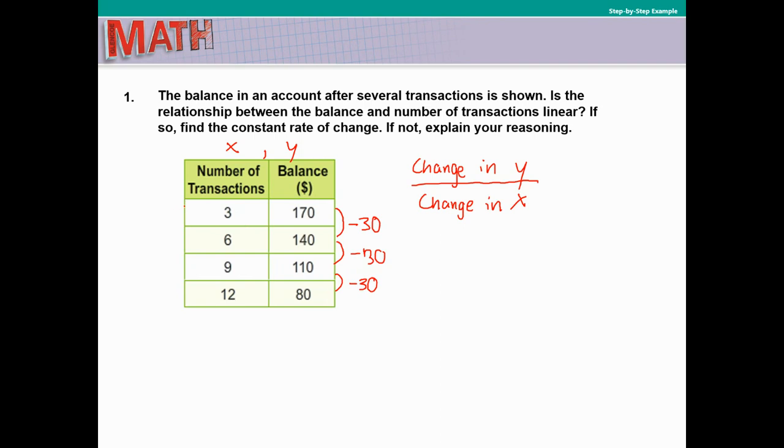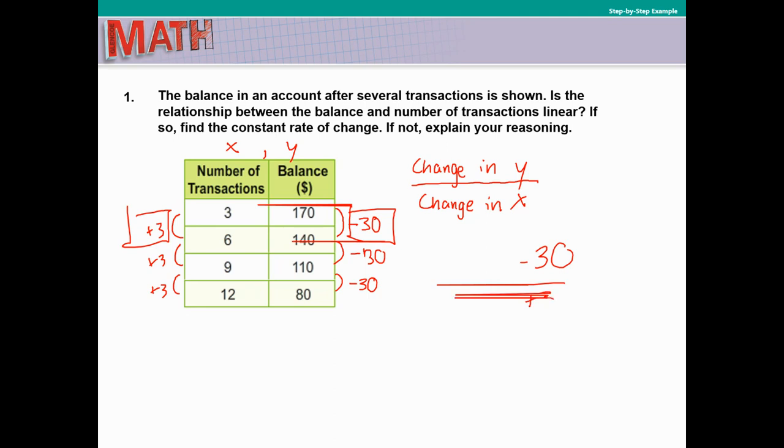Let's take a look at the number of transactions. From 3 to 6, it's up 3. From 6 to 9, it's up 3. And from 9 to 12, it's up 3. So now let's write that change as a ratio. The very first set, and I'm going to put a box around them, minus 30 over plus 3. Minus 30 over plus 3. Sorry, my tablet's a tiny bit streaky.